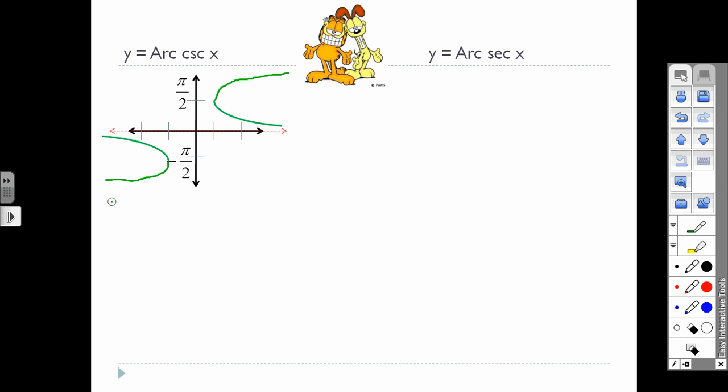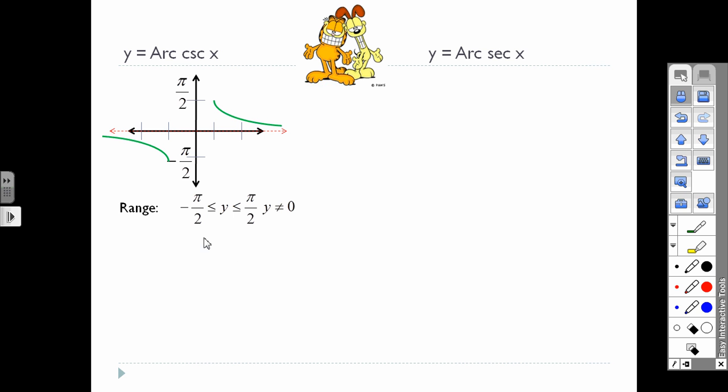And then there would be another asymptote here, another asymptote up there. But when we do that, we end up failing the vertical line test because now this is not a function. Okay, so by limiting our values to go from negative pi over 2 to positive pi over 2, we've now created a function. So those are our principal values.